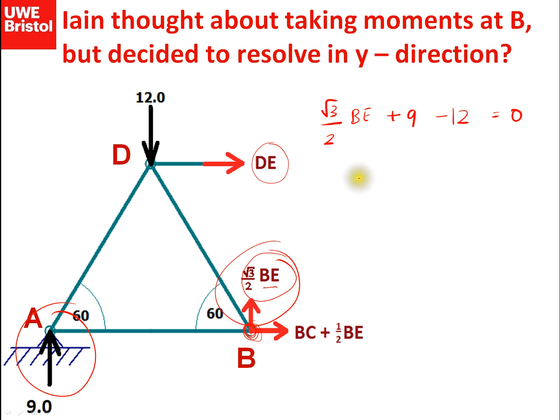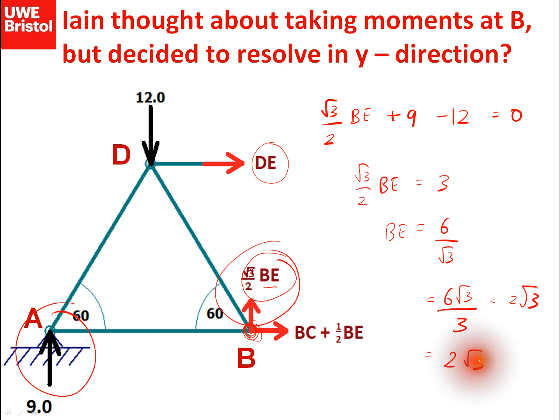So we've got √3 divided by 2 times BE equals 3. BE equals 6 divided by √3. I don't like √3's in the bottom, so that's 6√3 divided by 3, which ends up as 2 root 3.